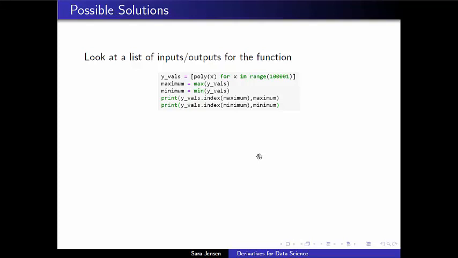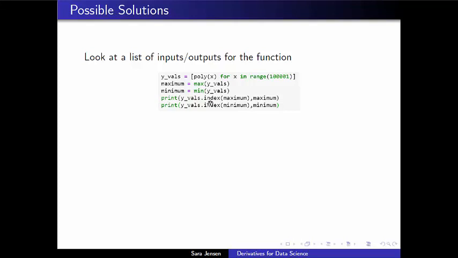polynomial in question. We could make a list then of all outputs of that polynomial function for the x values on our interval from 0 to 10,000. And we could ask the computer to find the maximum and minimum values. This thing we have right here called maximum and this thing we have right here called minimum would tell us the output values of the function that are the max and min.